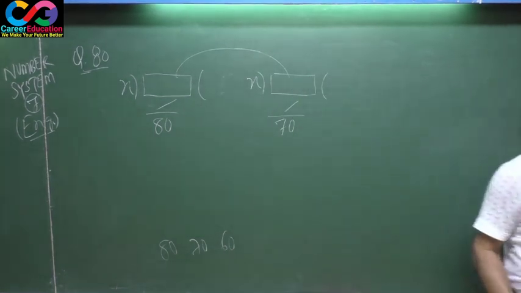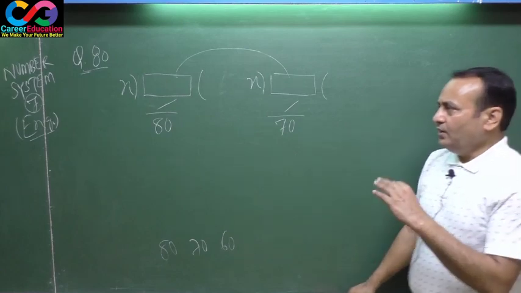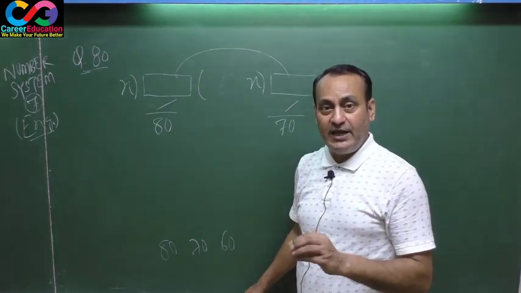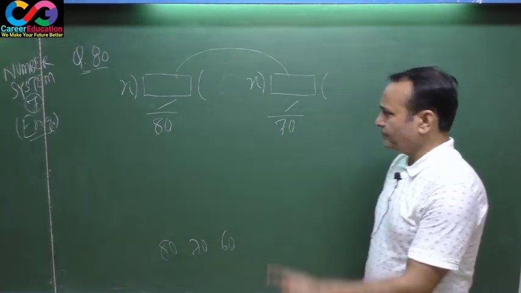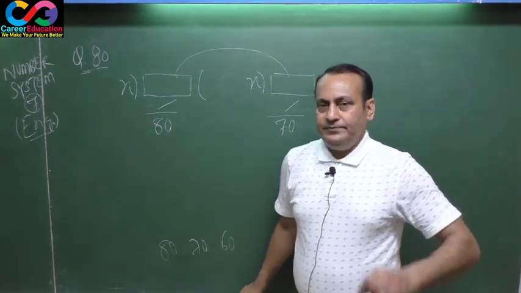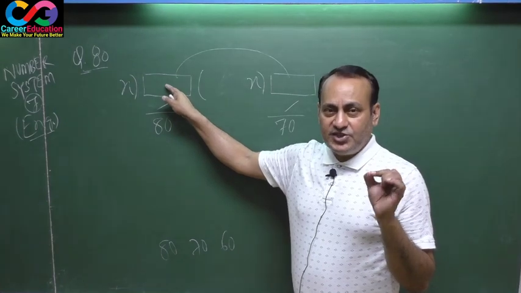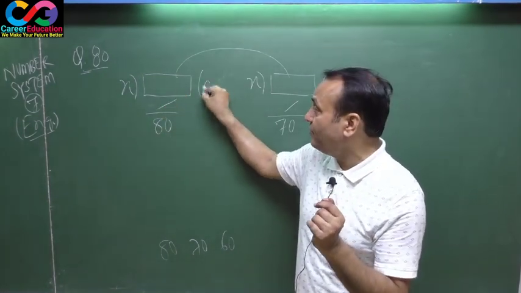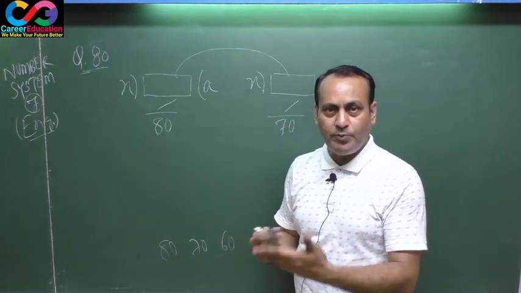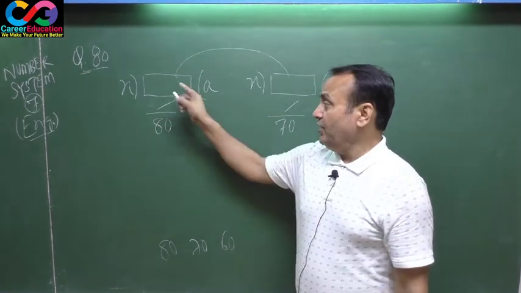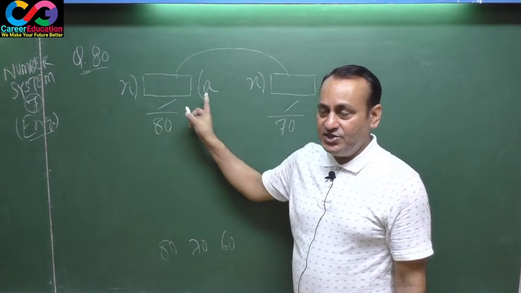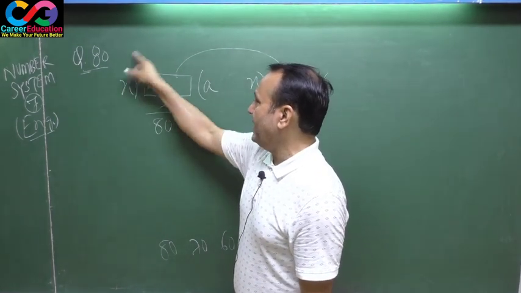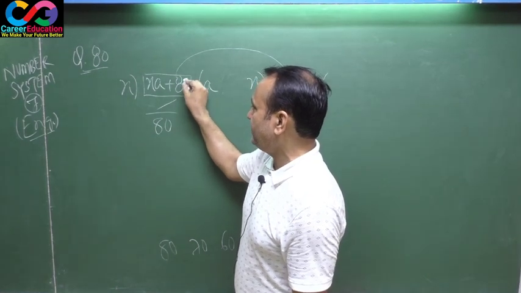Let us start with the basic method. This question is useful for all examinations, SSC, Railway as well as PO. See here, whatever the number may be, if you divide this number by x, certainly there will be some quotient, suppose A. If the number is divided by x, the quotient is a and the remainder is 80, certainly this number is xa plus 80.